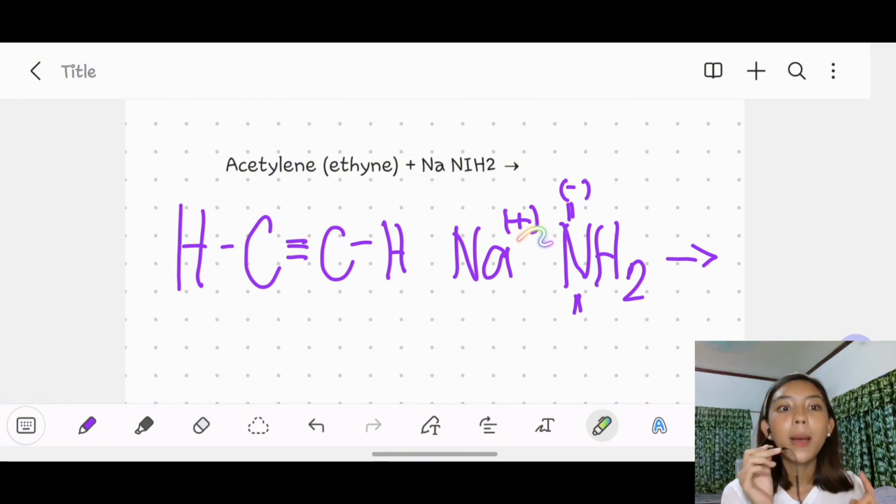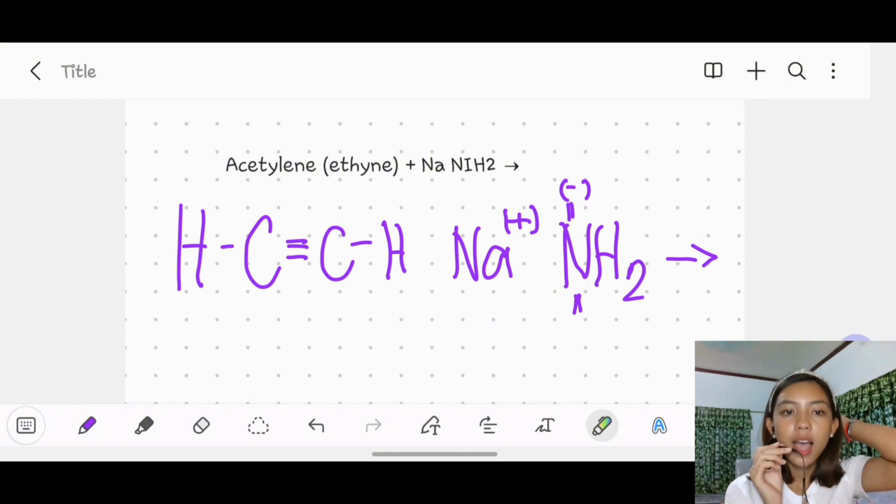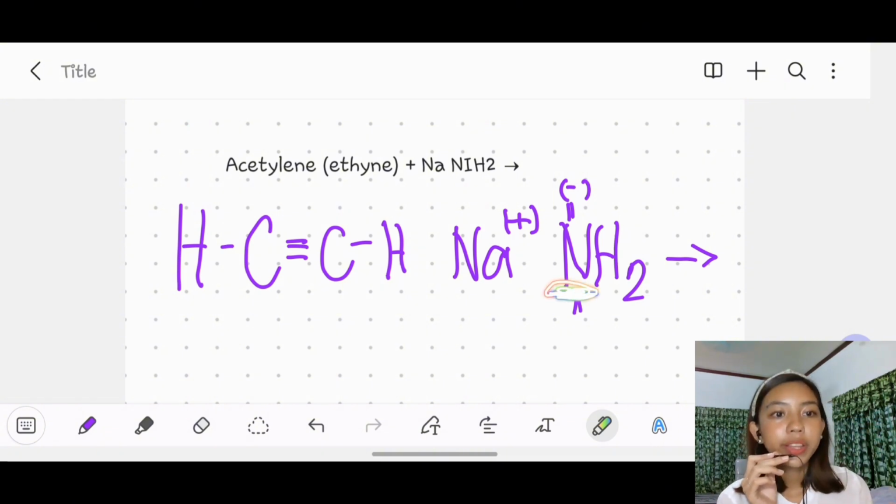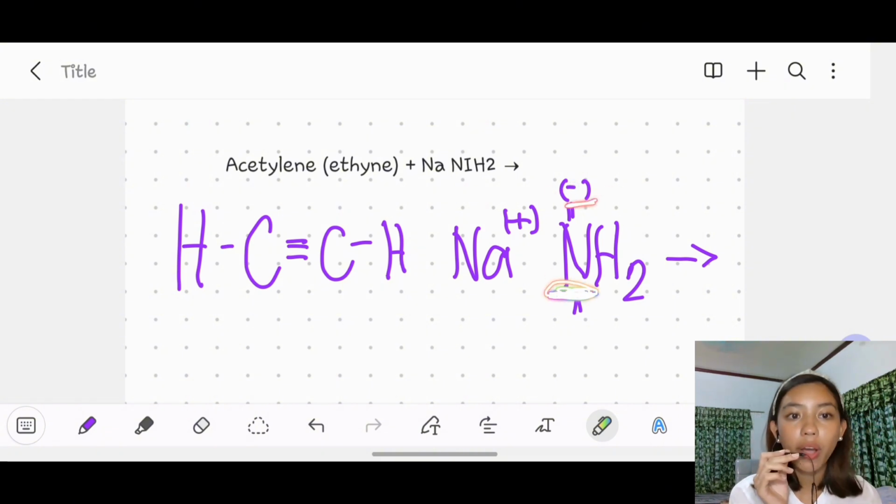This difference means sodium has a positive charge, while nitrogen has a negative formal charge. The nitrogen with the negative formal charge is quite unstable and very basic.